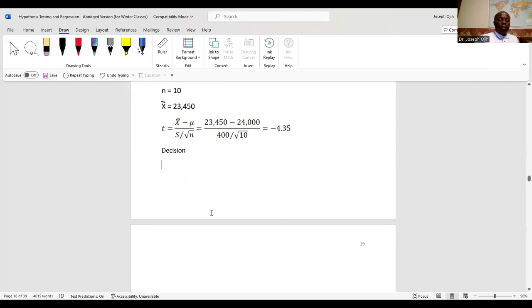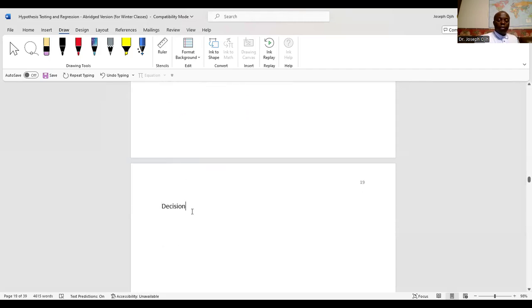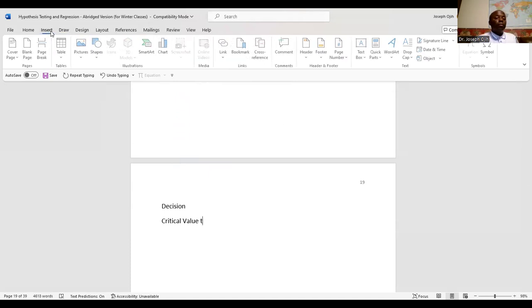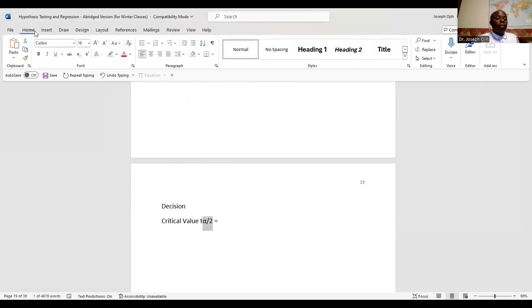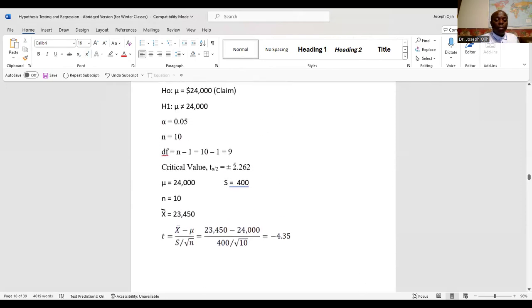I'm going to move this down so we can have an option. The calculated critical value. Since our answer is negative, we consider only the negative T alpha over 2. Remember the critical value is plus or minus 2.262.